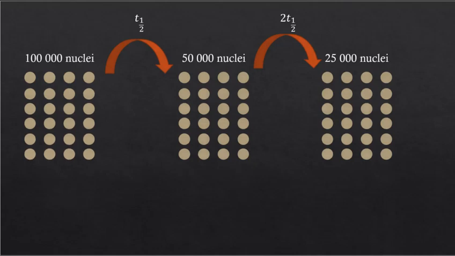If we have initially 100,000 nuclei, then after one half-life we have 50,000 nuclei. Then after two half-lives, we have 25,000 nuclei, which is 50,000 divided by 2, and it is also 100,000 divided by 2 to the square.